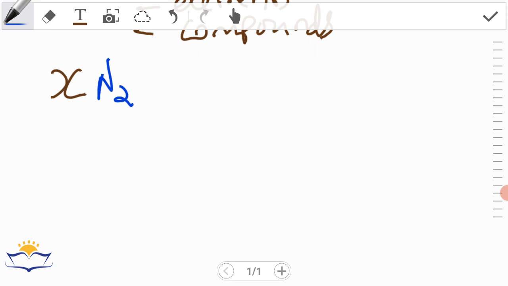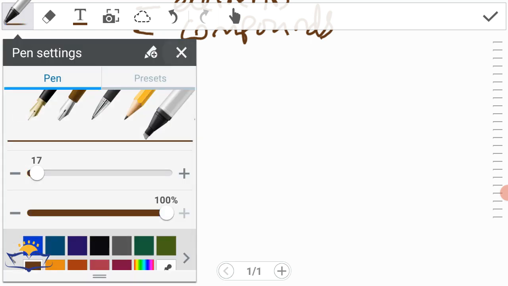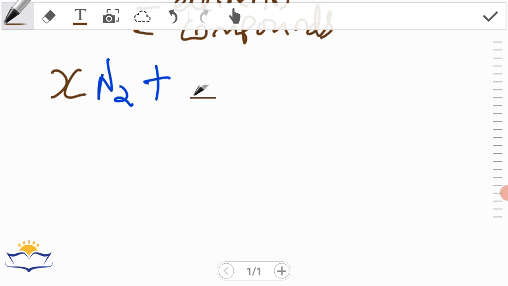So x N2. Plus, again, hydrogen: we know it has a coefficient, so what's the variable? Say y.